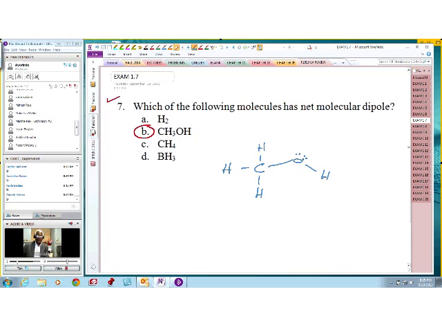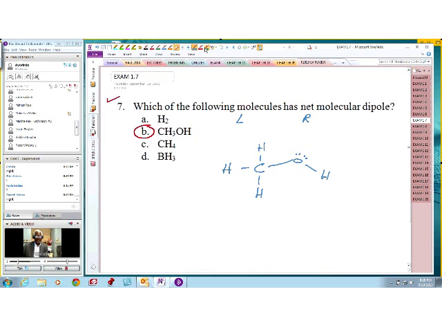So where would be the direction of the dipole here? Let me say this is left and this is right. Just say left or right. Where would be the direction of the dipole here? Exactly. And that is because oxygen is a lot more electronegative than the carbon atom.